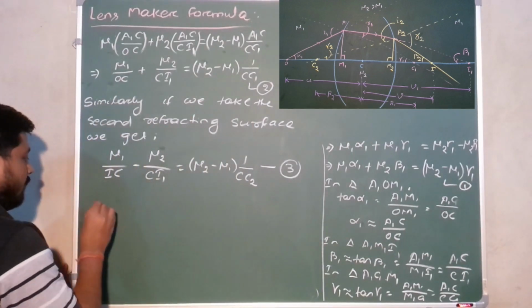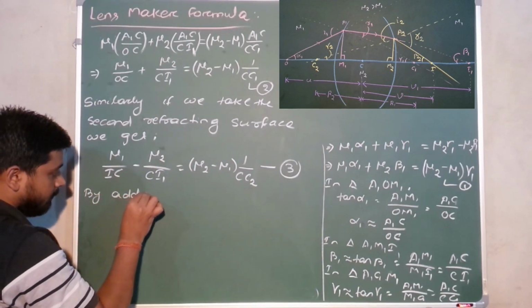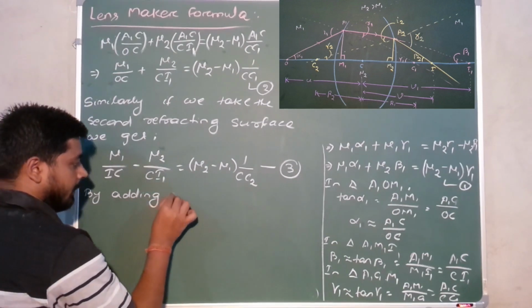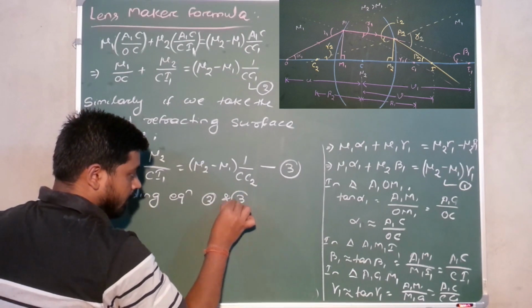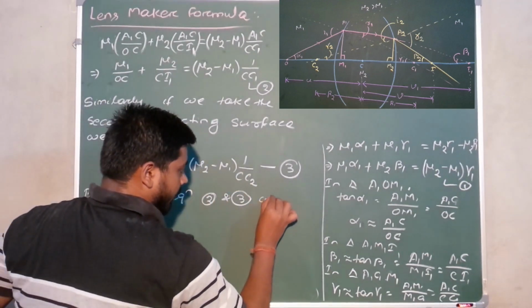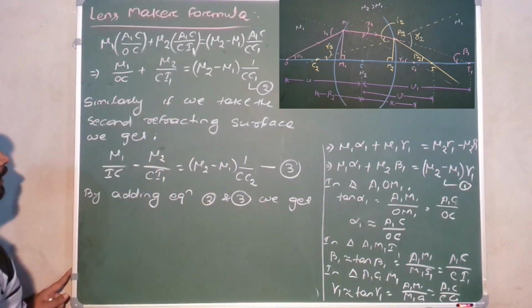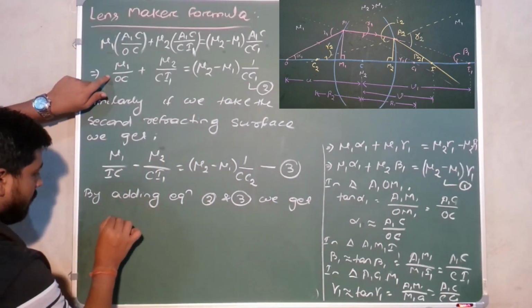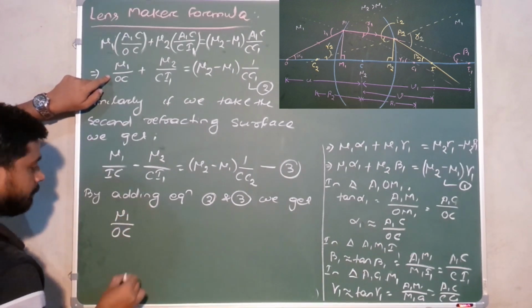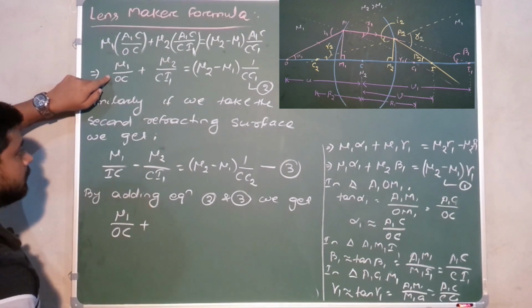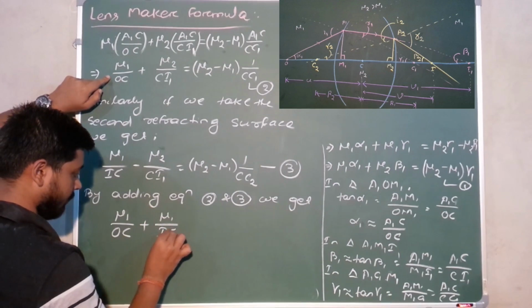Now, by adding equation 2 and 3, we get, what do you get? Just add these equations. Mu1 by OC plus mu1 by IC.